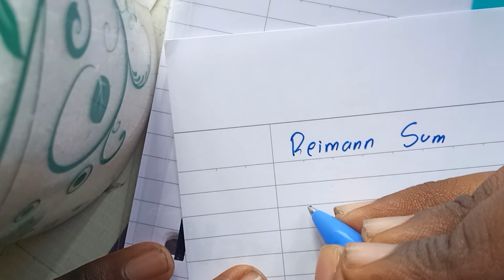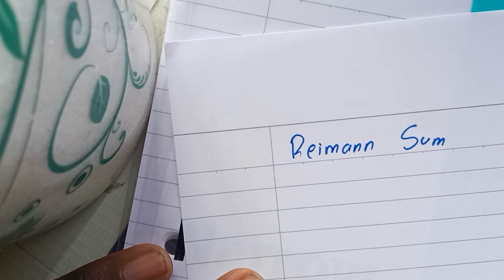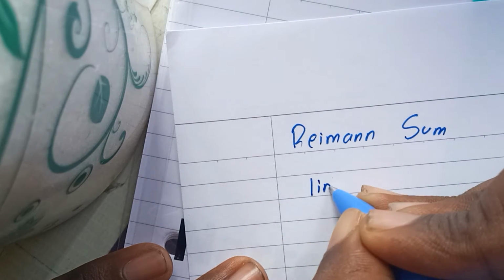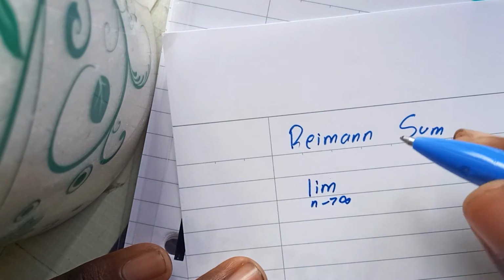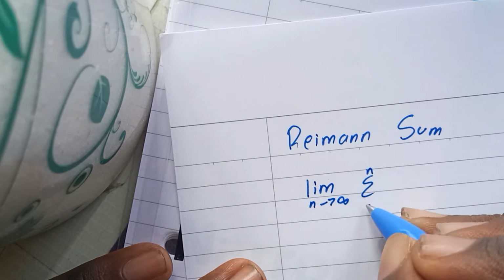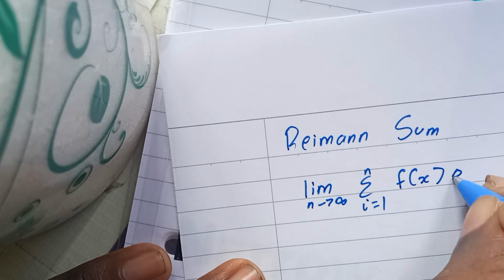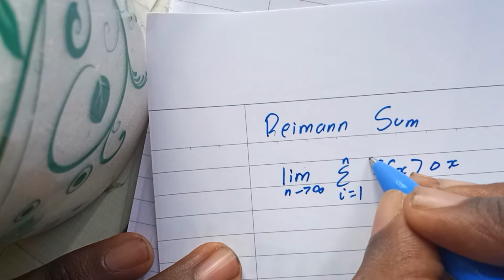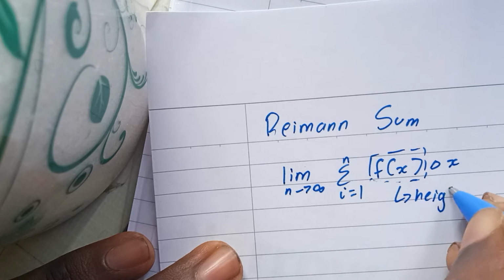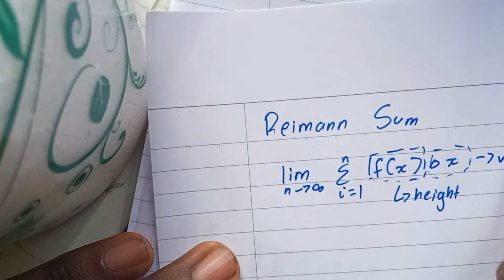That's why the Riemann Sum is useful for getting the definite integral, where the equation is like the limit as n goes to infinity of the sum from i equals 1 to n of f(x) times delta x, where f(x) is the height of the rectangle while delta x is the width of the rectangle.